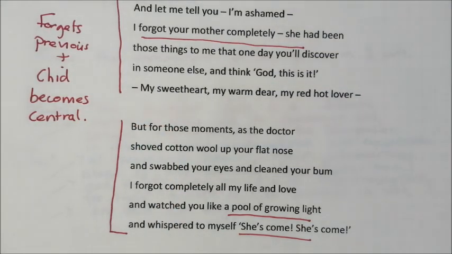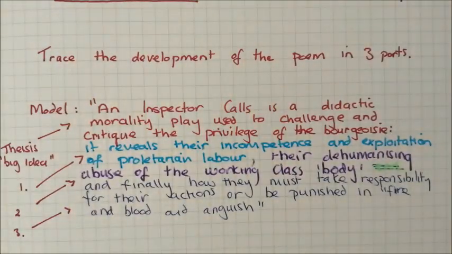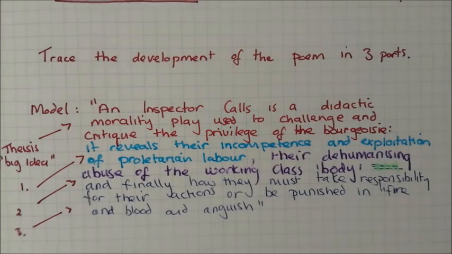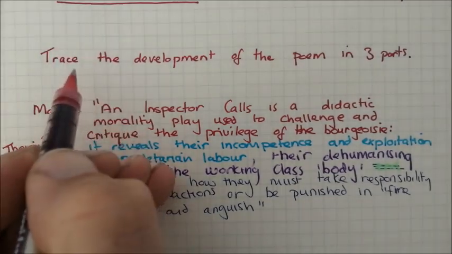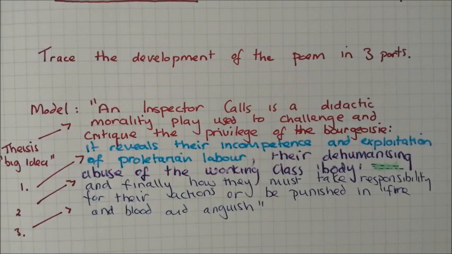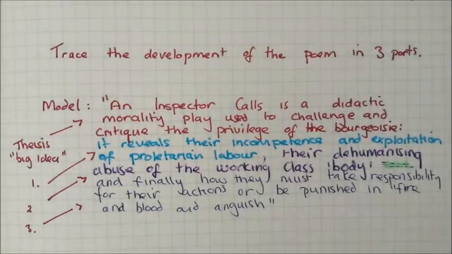So our ideas go from that into something more direct and something more manageable. So if we're talking about the flow, the narrative of the poem, if we're going to trace the development of the poem in 3 parts, it actually becomes a lot simpler now.